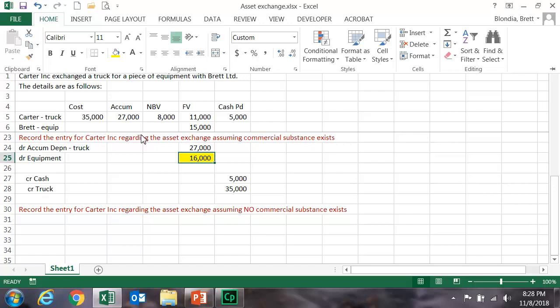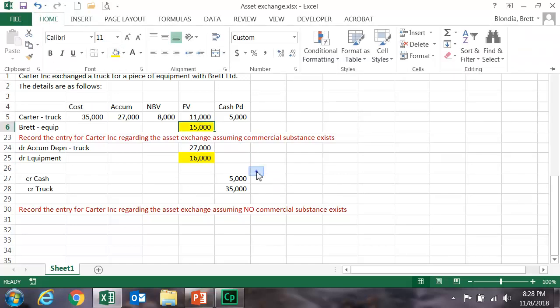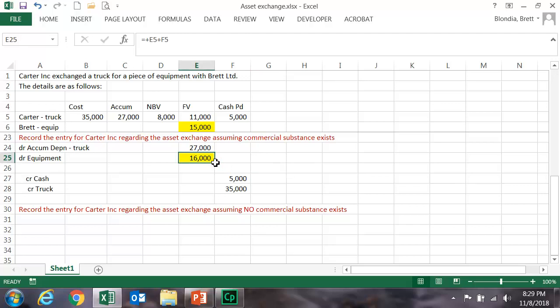Now if you take a look, the equipment, we're trying to debit it for $16,000, but if you come here and you look at the Brett line, that equipment only has a fair value of $15,000. So even though the fair value method is saying we should debit this equipment for $16K, it's going to exceed its own fair value. We're artificially inflating this piece of equipment. We're setting it up at an amount that is greater than what it is currently worth.